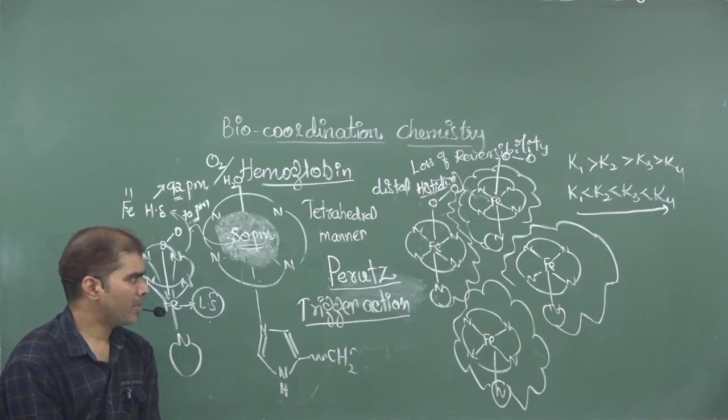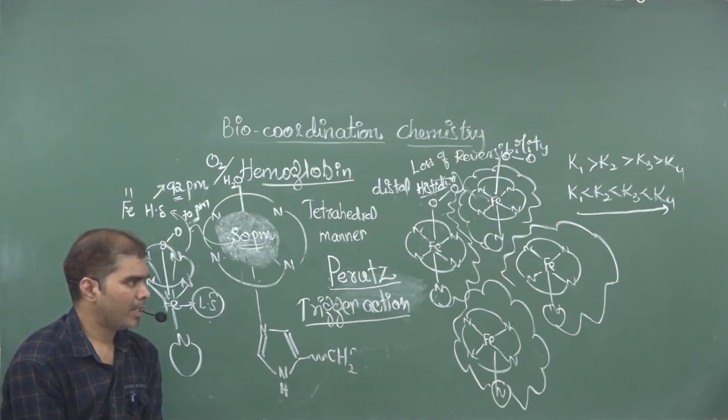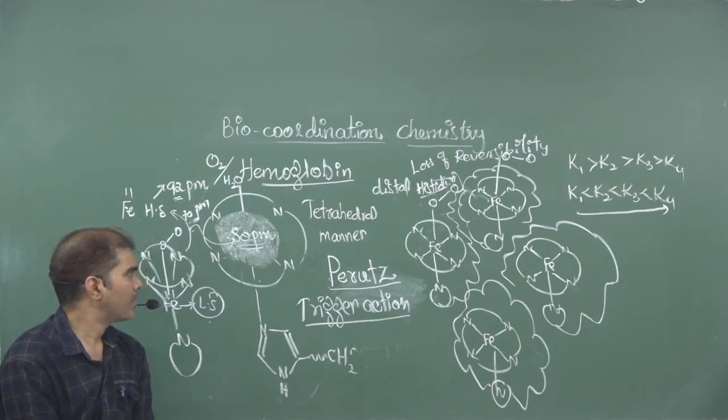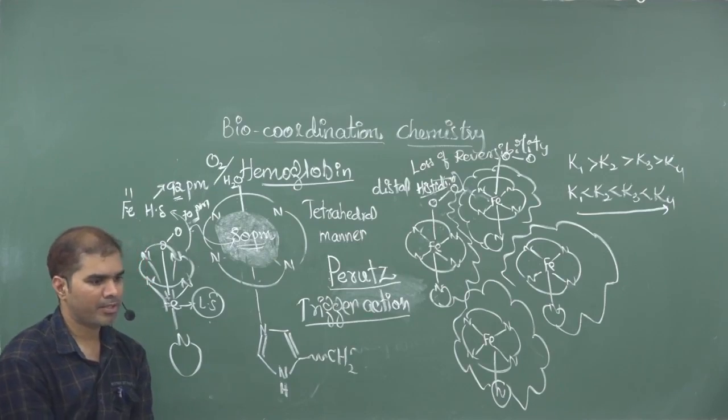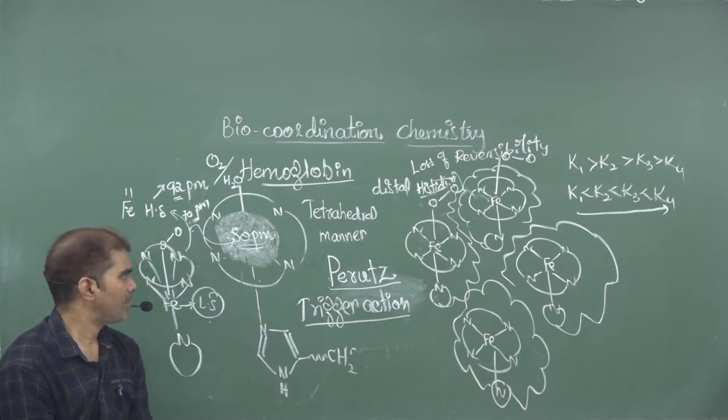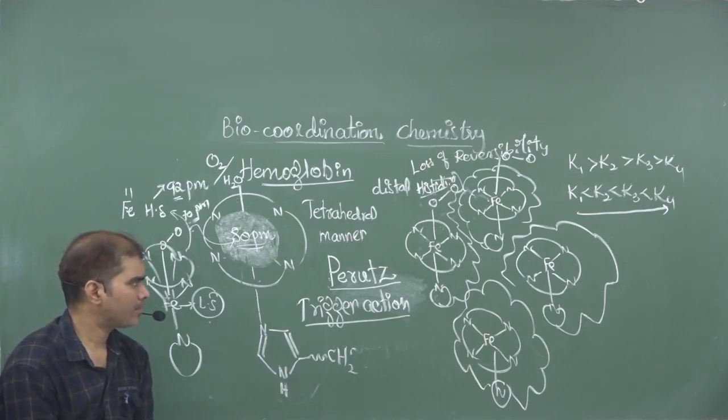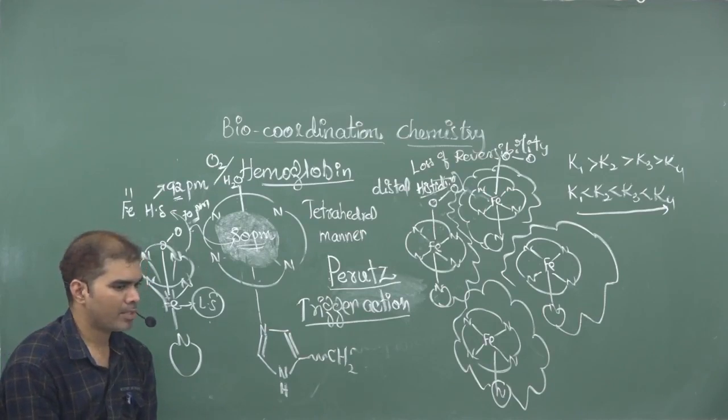Next. The 4 subunits do not directly interact with one another. Because of the globin chain. Next.